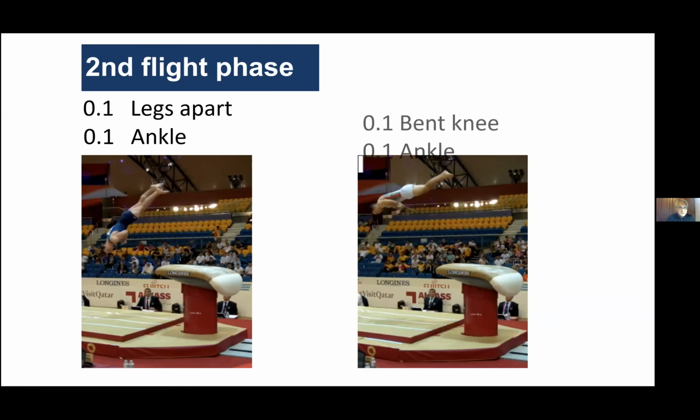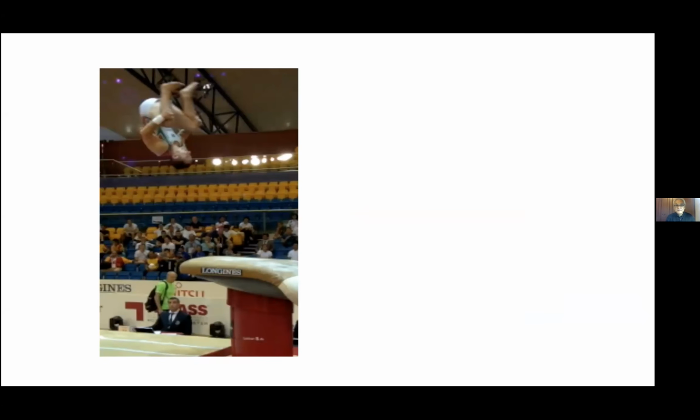Left one, legs apart and ankle. Right one, bent knees and ankle. Next. Maybe it's a Roche. All of you already know legs apart more than shoulder width. So deduction, legs apart, also ankle. Thank you.